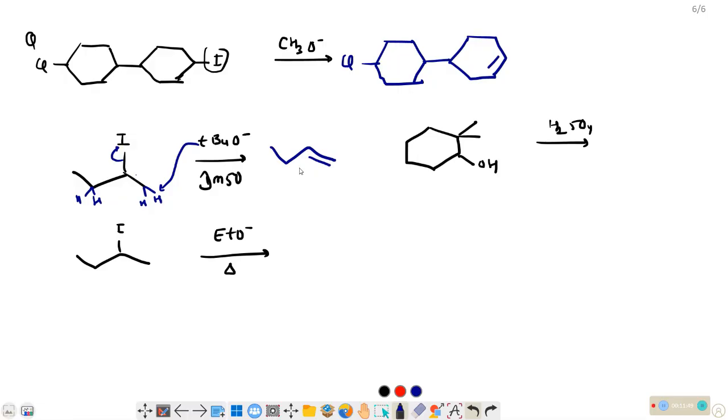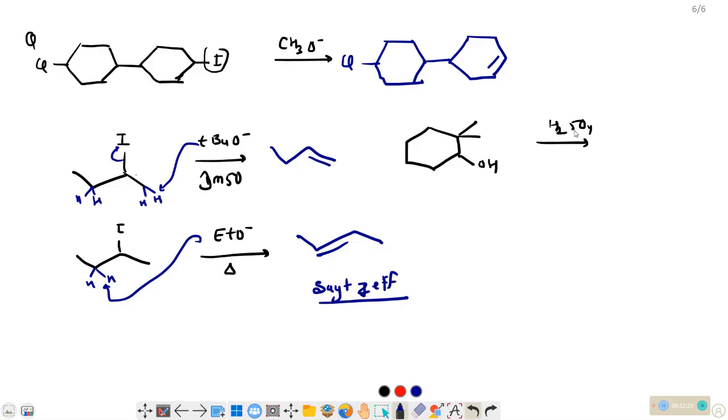And the second one has a nucleophile which is less bulky, so it can remove hydrogen from this side as well, which will give us the major product, and this is called the Zaitsev product.